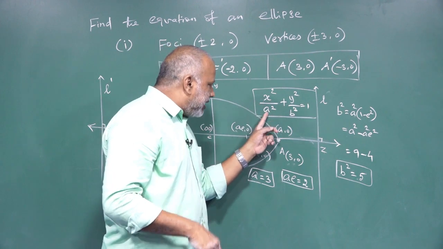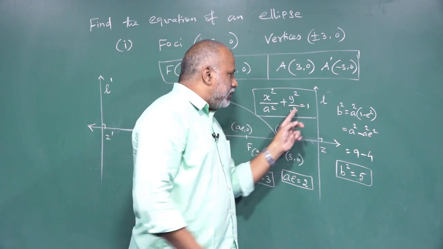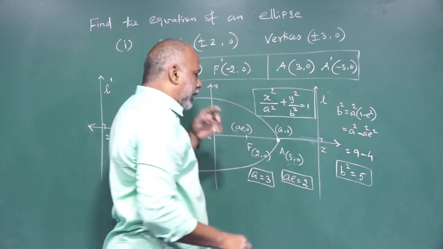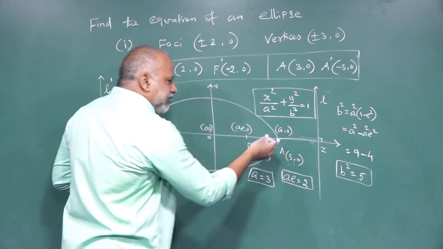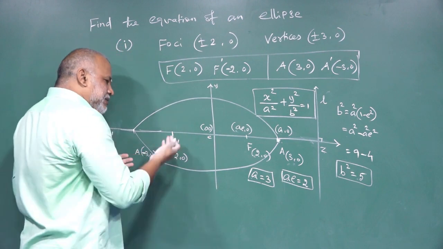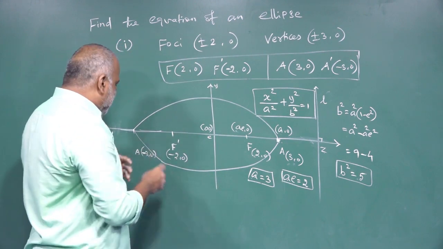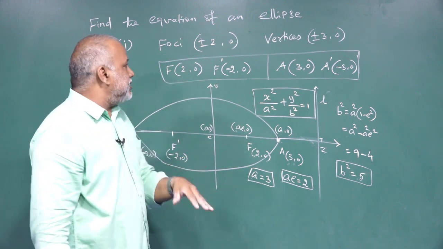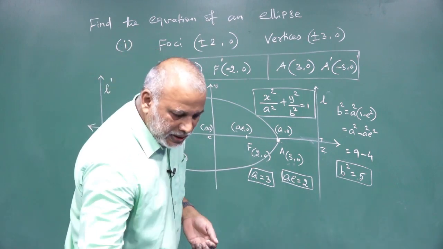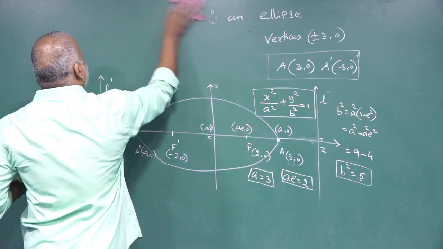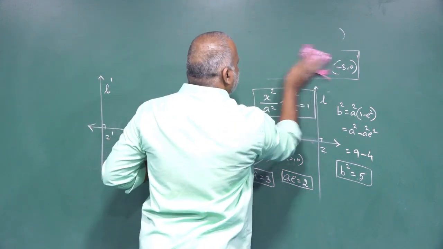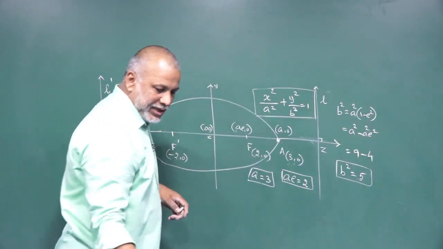Now x squared by a squared plus y squared by b squared equal to 1. I am selecting type number 1 because the focus lies on the x-axis, the vertex lies on the x-axis, and similarly f dash and a dash also lie on the x-axis. Now we are able to work out the equation of the required ellipse.